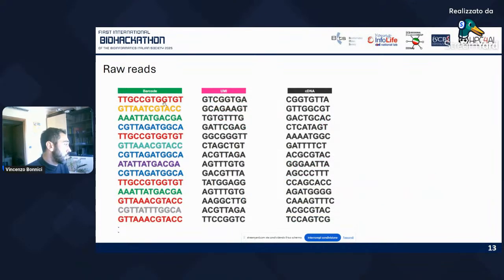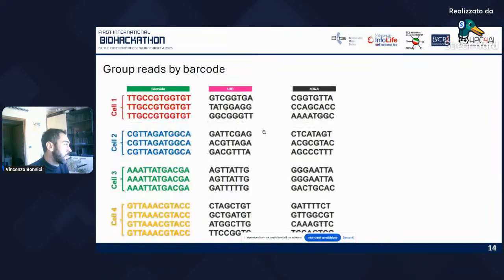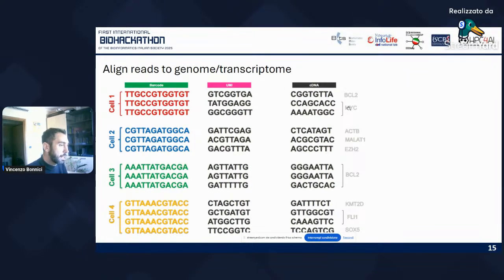does. So in the end, what we have within each sample is a set of reads. These reads contain the cell barcodes, the UMI, and the real cDNA data. So first you group them by barcode, so you can distinguish them by the cells. Now that you have grouped by the cells, you can align them to the specific transcriptome that you may want to use.